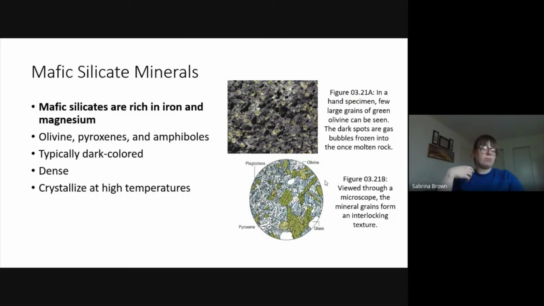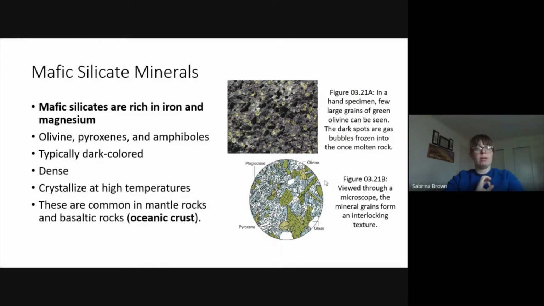That'll become important when we start talking about types of volcanoes and how magma composition, whether it's felsic or mafic, is related to the type of volcano that forms. For now, just know mafic are our darker colored minerals, felsic are our lighter colored minerals. We commonly have mafic minerals in our oceanic crust.